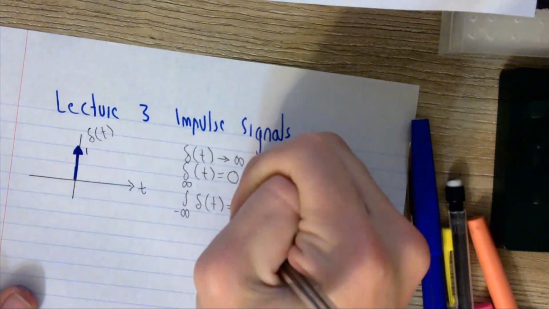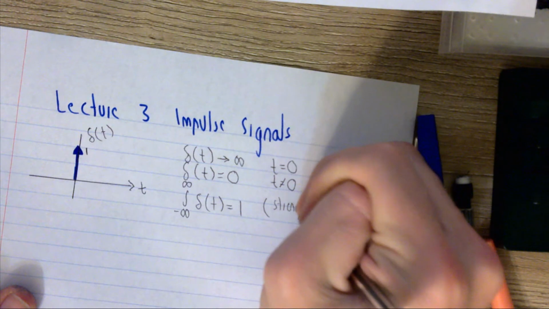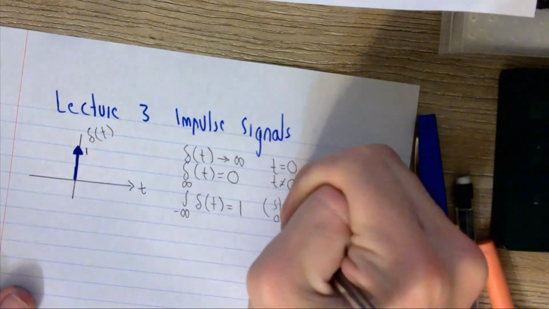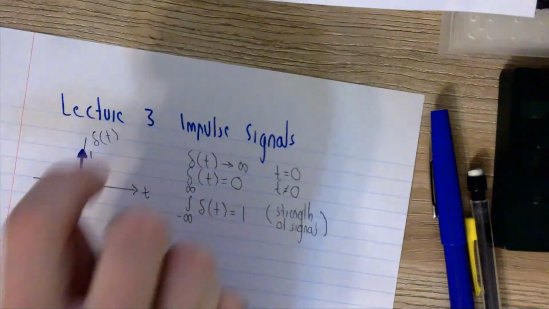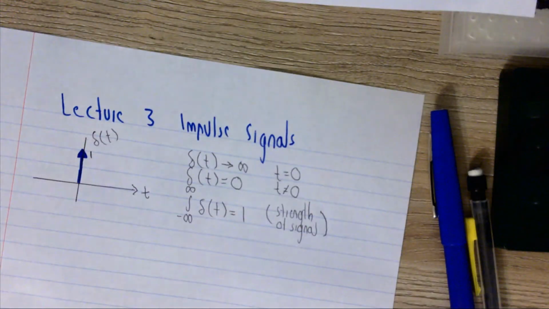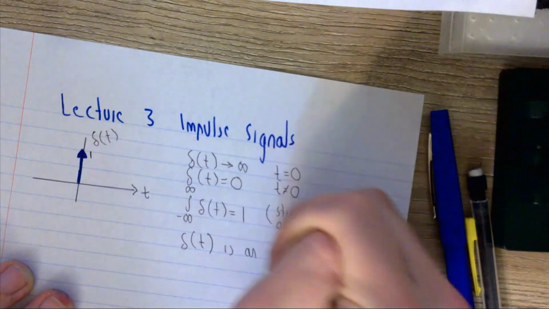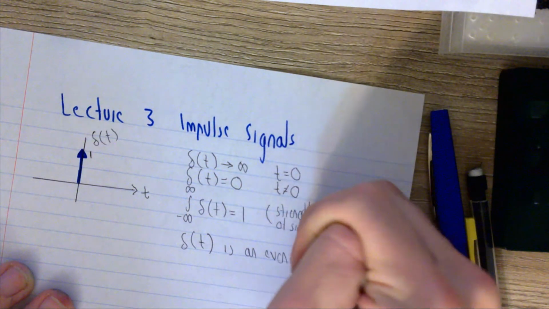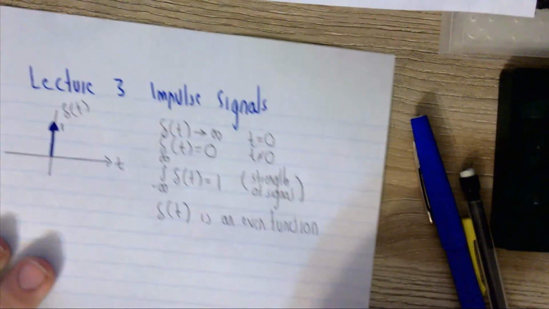That represents the strength of the signal, and that's why I wrote that 1 right next to it. Another key concept is that delta t is an even function.